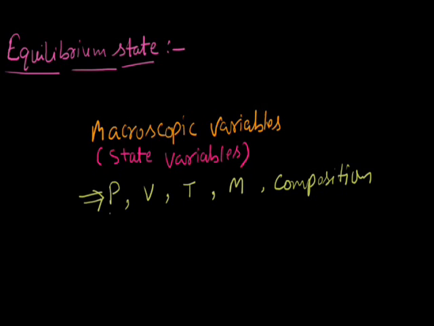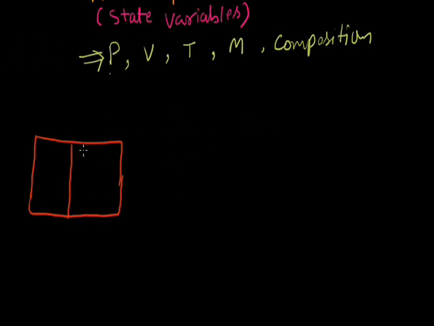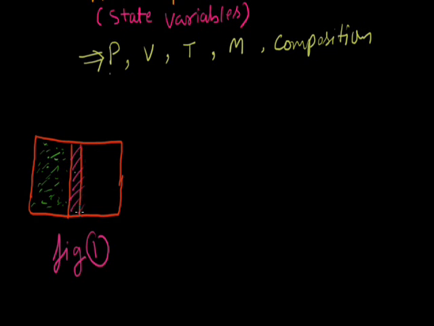We need to understand that a thermodynamic system is not always in equilibrium. For example, let's say in this diagram, figure 1, I have a part filled by a gas. In figure 1, if I suddenly remove this partition, what will happen?